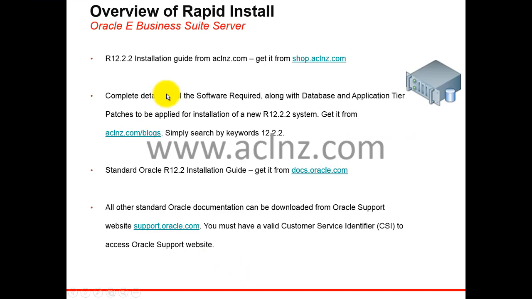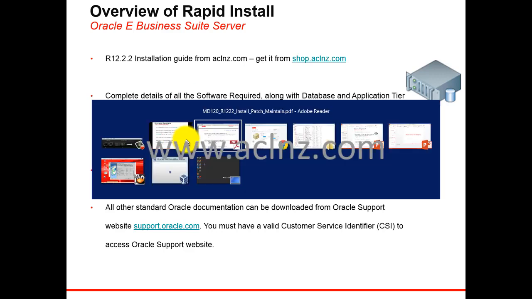The second resource is that you can get the complete details of all the exact software required for release 12.2.2 installation, including application and database tier mandatory patches to be applied, on our website aclnz.com/blogs. So I will simply go to our website.